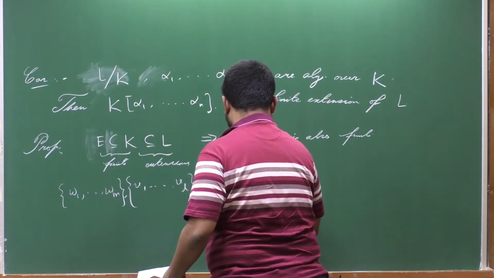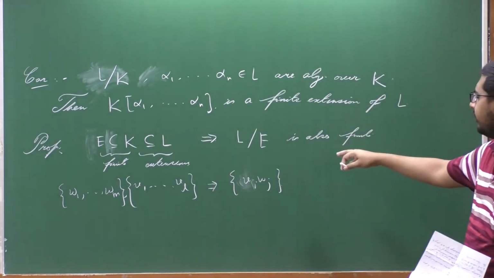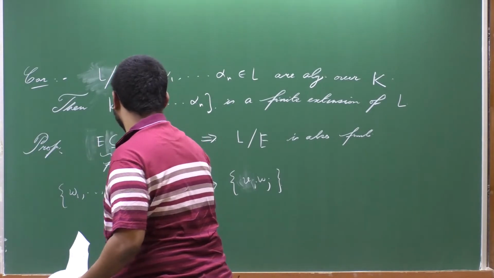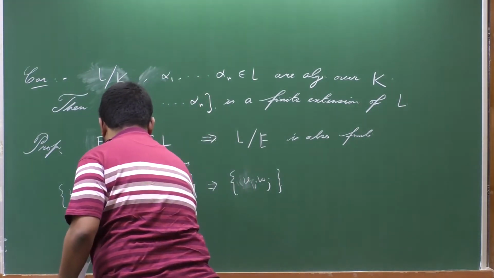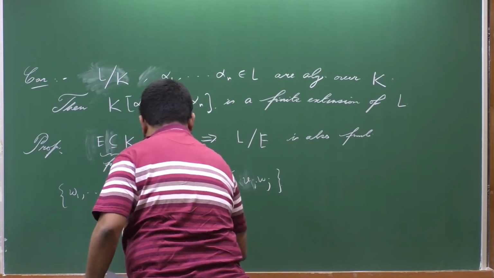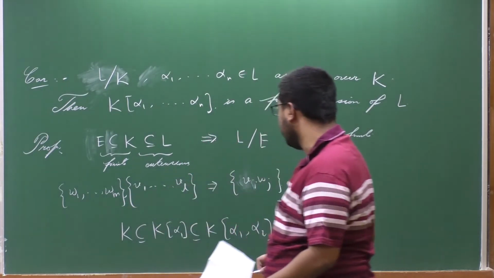Vi Wj forms a basis of L over E, and now when this is there, you can directly apply it to this case from K to K(alpha 1), and then K(alpha 1, alpha 2).